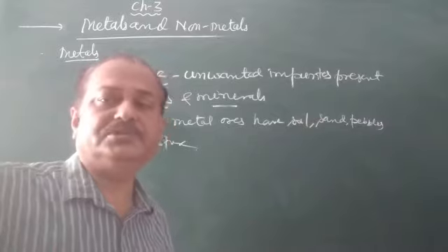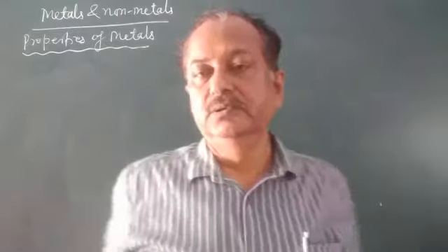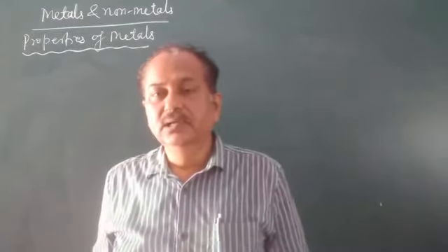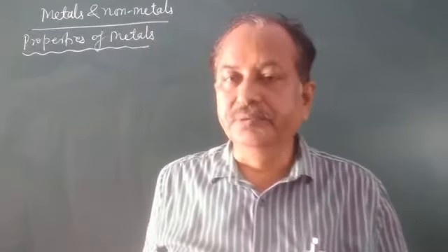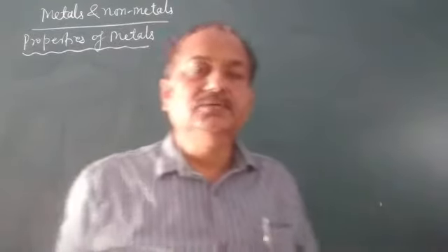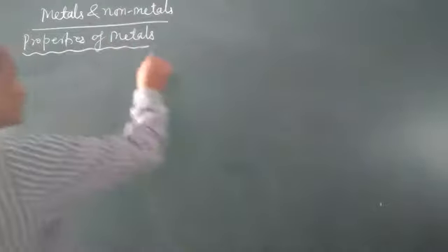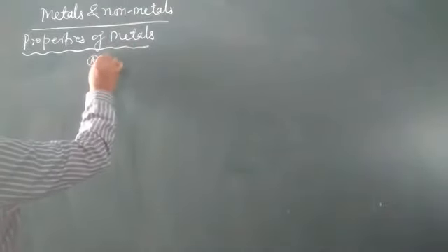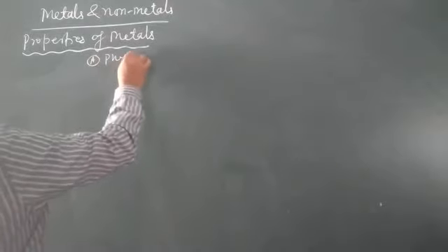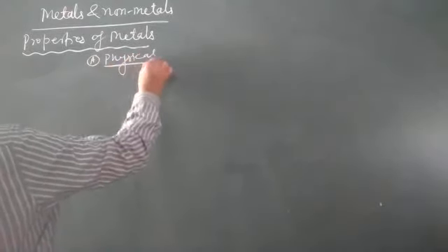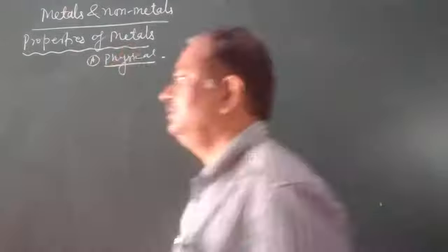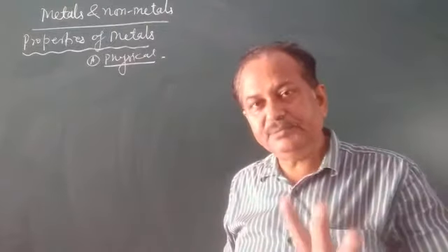Now we'll see about the properties of metals. After the basic introduction, I'm going to explain about the properties of metals. First I'm going to explain the physical properties. Metals are solids except mercury.